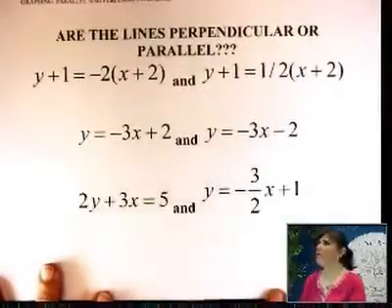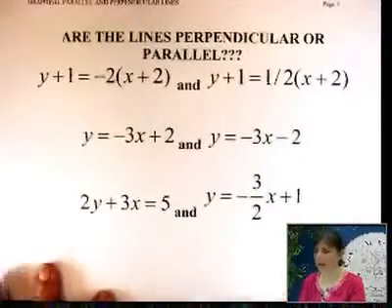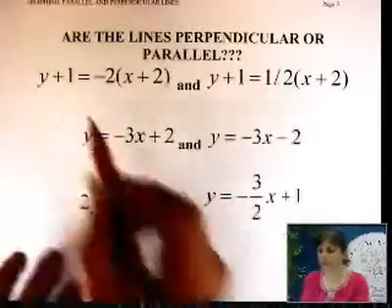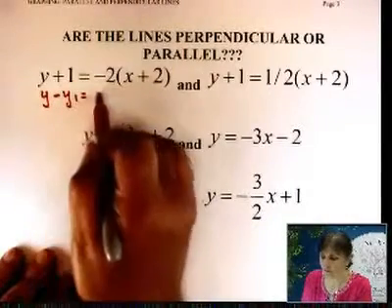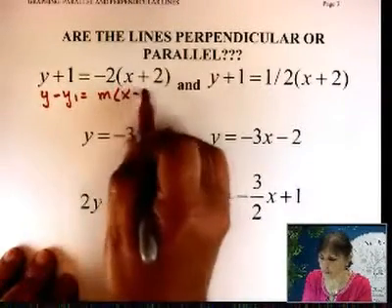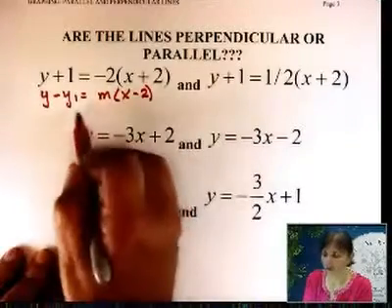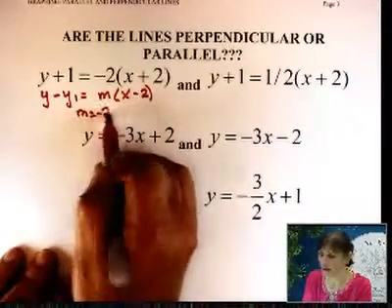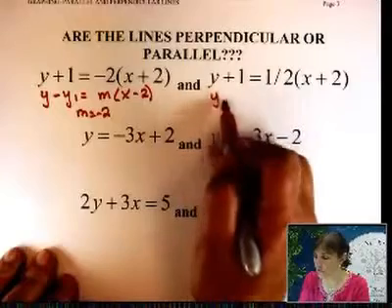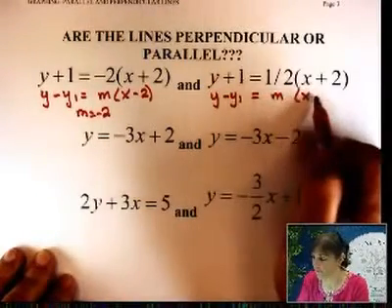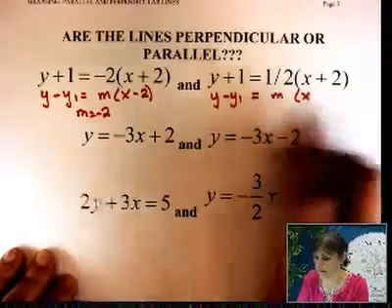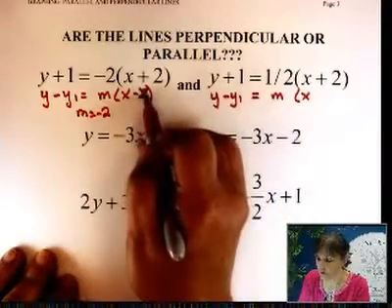Okay, are the lines perpendicular or parallel? This one and that one. This one is in point-slope form. Pull out the M from here. This one is also in point-slope form. Let's put X1 here.